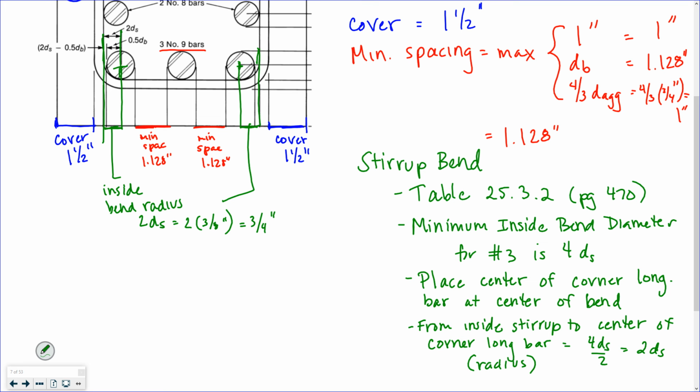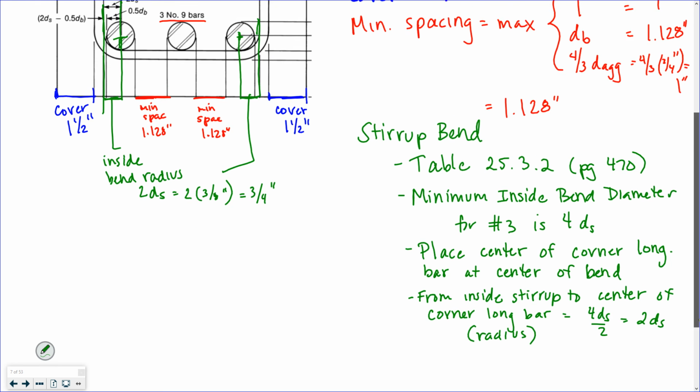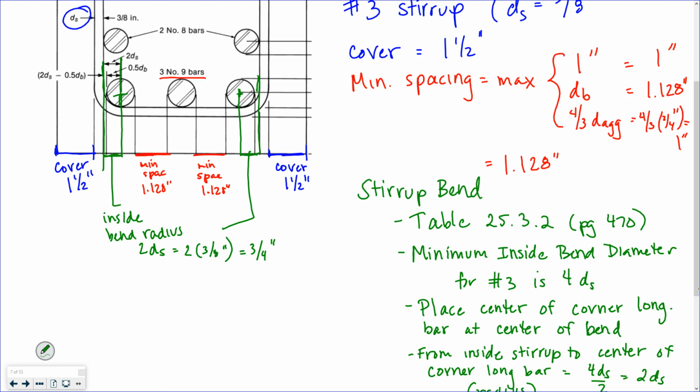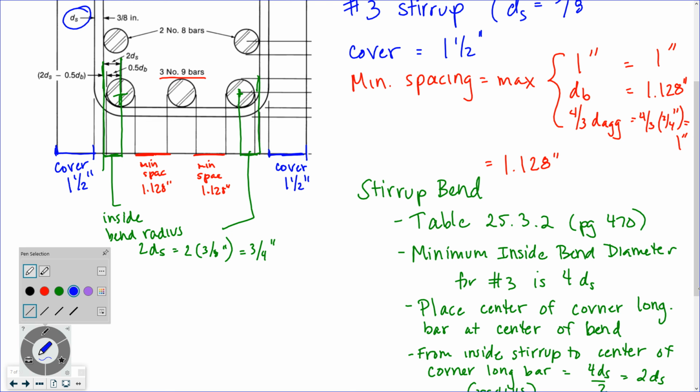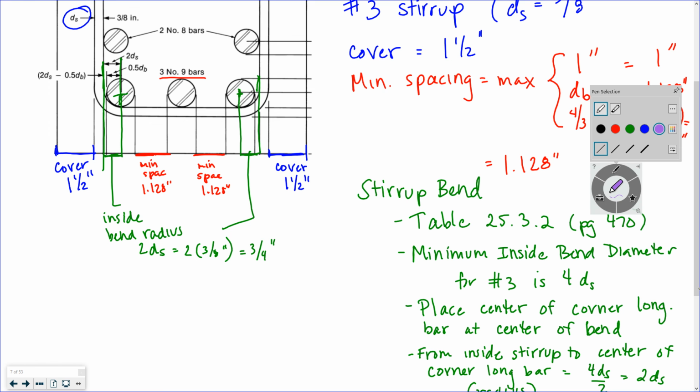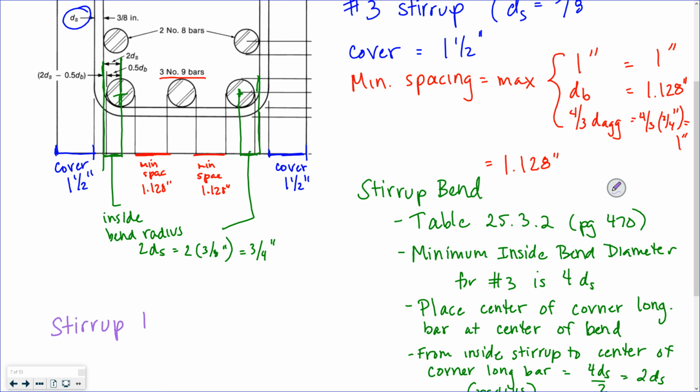So what am I missing? I'm missing my stirrup diameter, because my cover goes from the outside of the beam to the outside of my reinforcement.